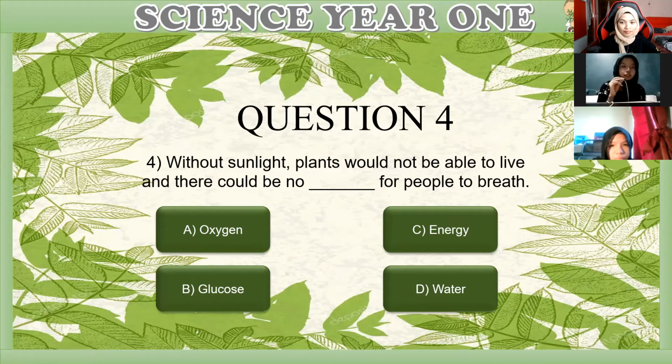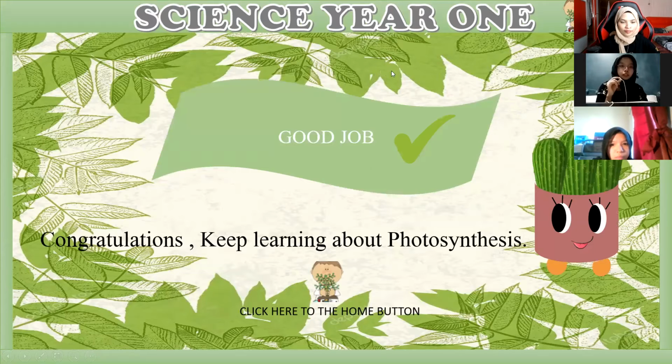Can you click A, Lisa? So it shows like this, and the children can click the home button, so they can click there to go to the home page.